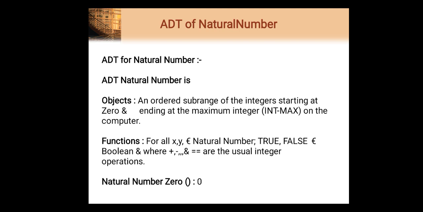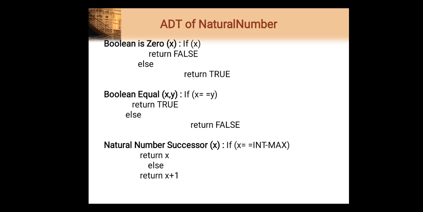The first operation we can perform on the natural number is to check whether that natural number is 0. If yes, then it will return 0. Then we check whether two natural numbers are equal. If they are equal we return true, if they are not equal we return false. So this is a boolean function. Boolean function means it returns a value either 0 or 1, true or false.